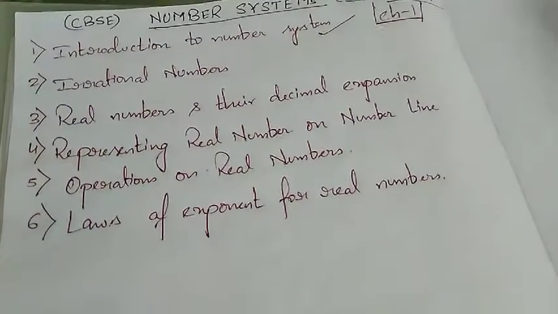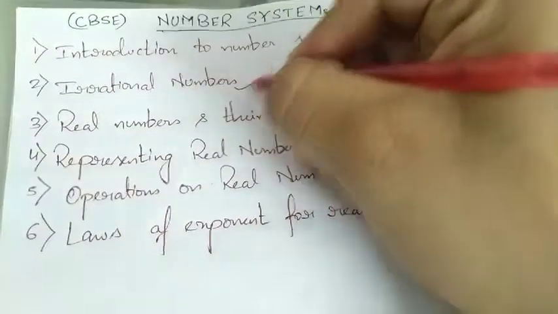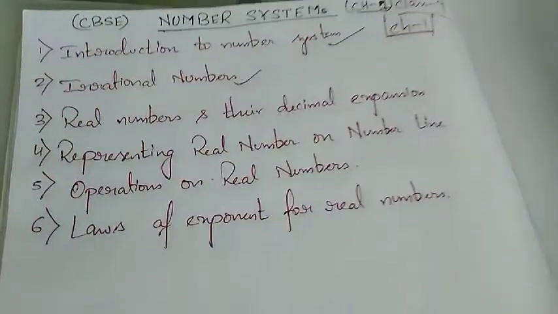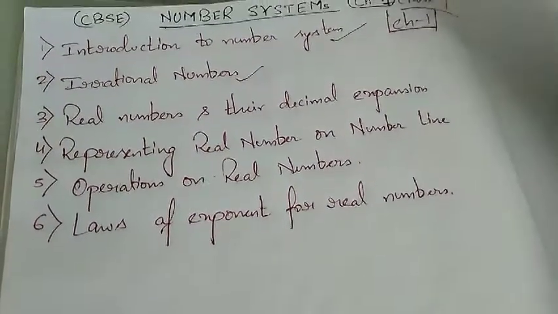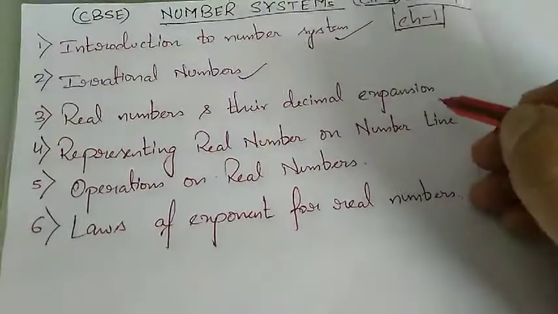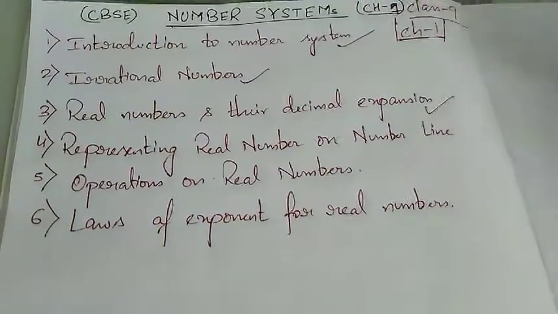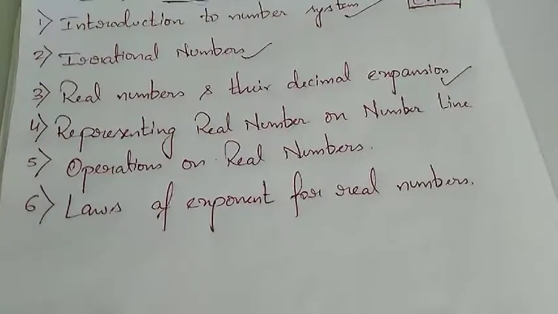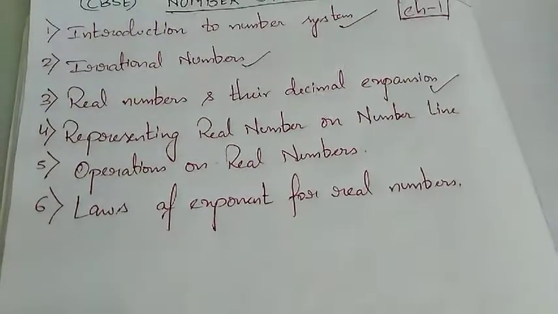Once we have talked about rational numbers, we will then come to irrational numbers. Once you know what rational numbers are, you should definitely know what irrational numbers are, and then we will come to real numbers, and we will have some decimal expansion, which I'll tell you in my subsequent videos.